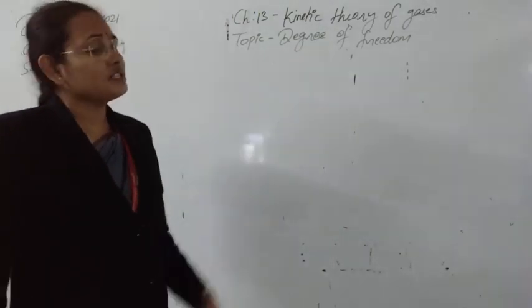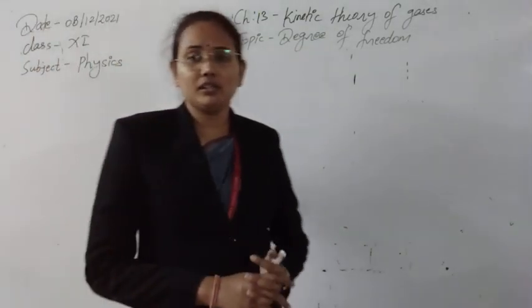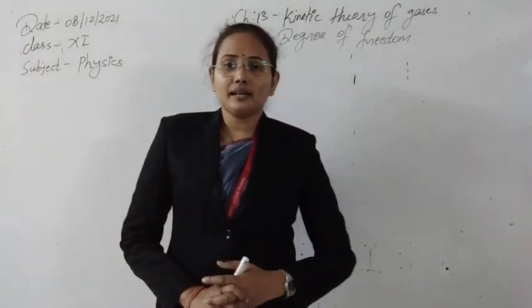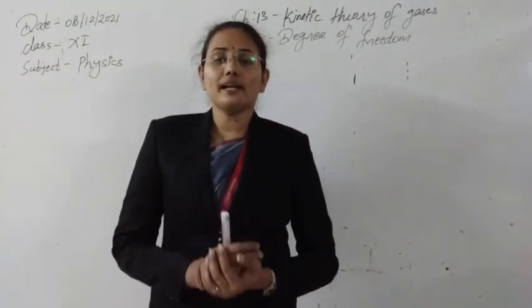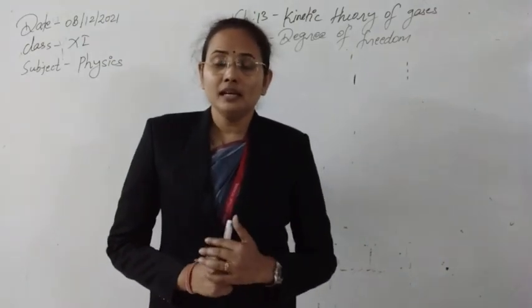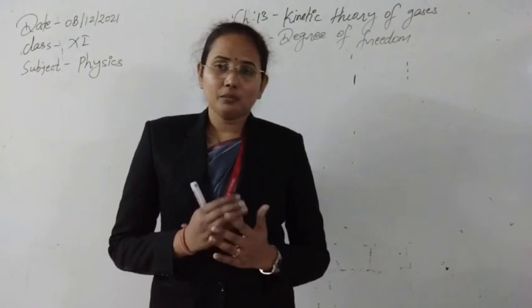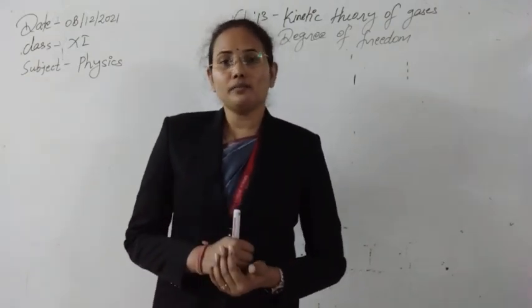First of all, what is degrees of freedom? Later I will tell you the things one by one. As I told you in last class, degrees of freedom is the minimum number of coordinates needed to specify the position or the configuration of the system.